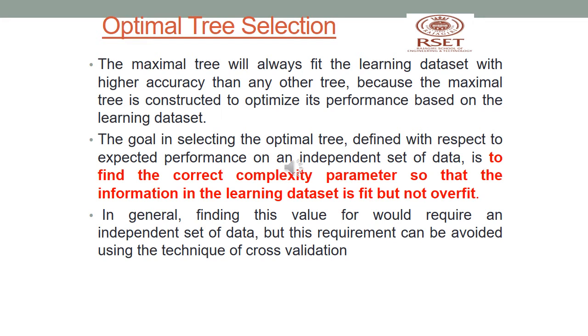So how can we select the optimal tree with respect to performance? We need to find the correct complexity parameter so that the information in the learning dataset is fit but not overfit. In general, finding this value would require an independent set of data, but this requirement can be avoided by using the technique called cross validation, which we have already discussed in module 3.